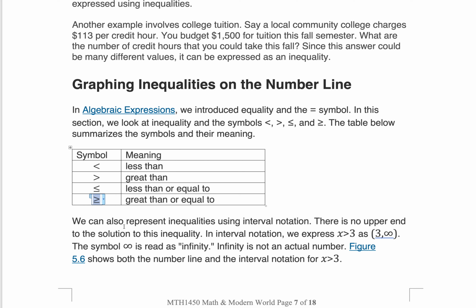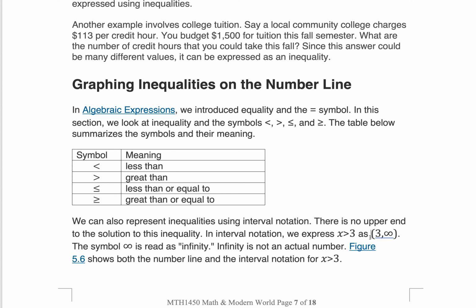It is very common, in a very simple case, to have an expression like x greater than 3, which really means any real numbers greater than 3. But the number 3 itself is not included.